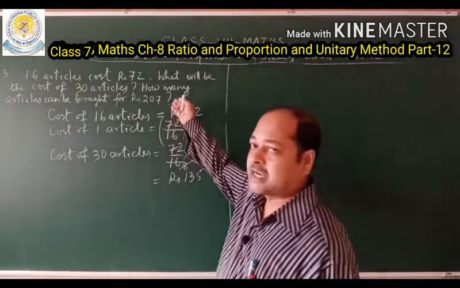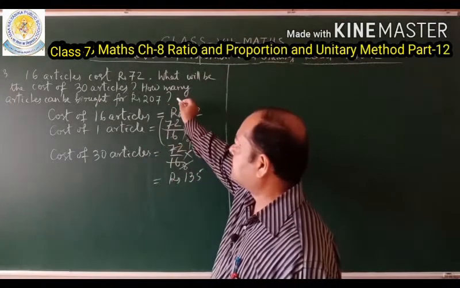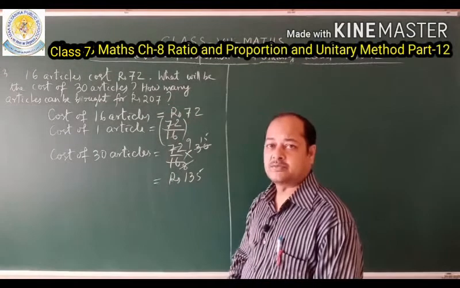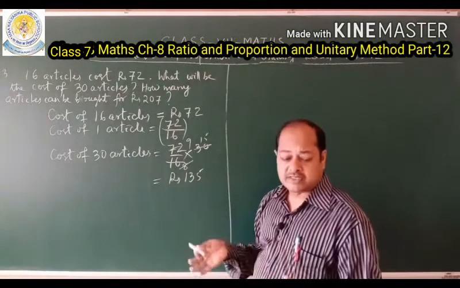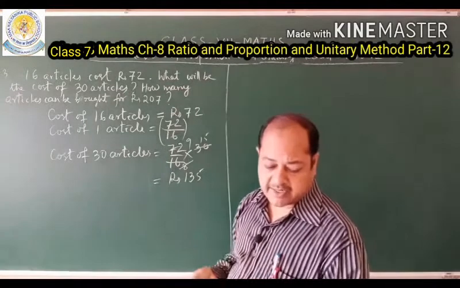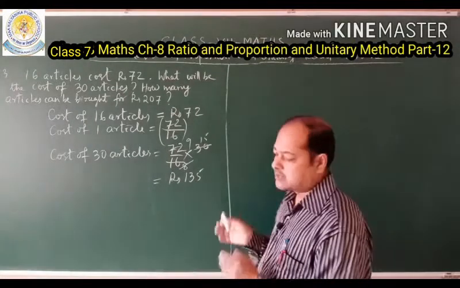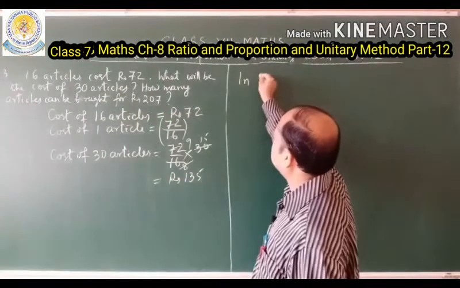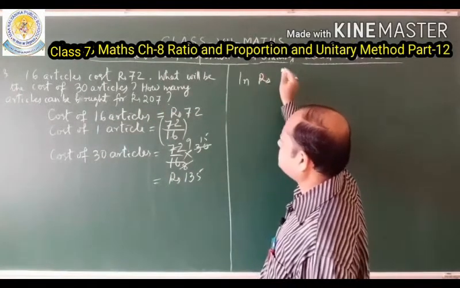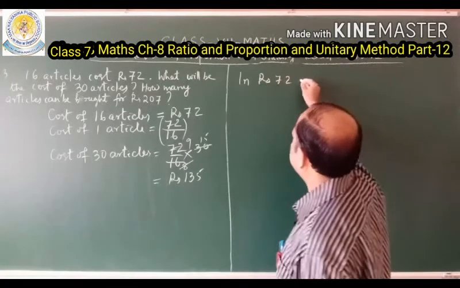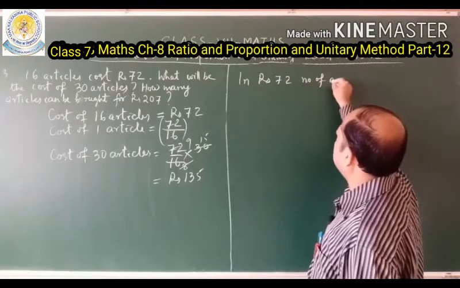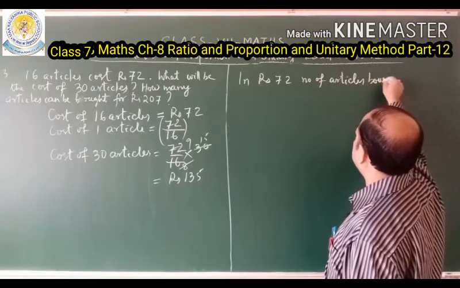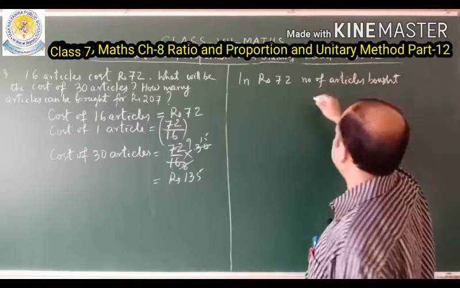Now see the second part of the question. It says: how many articles can be bought for 207 rupees. So just reverse it. What is the reverse process? You have to write here: in 72 rupees, the number of articles bought is 16.